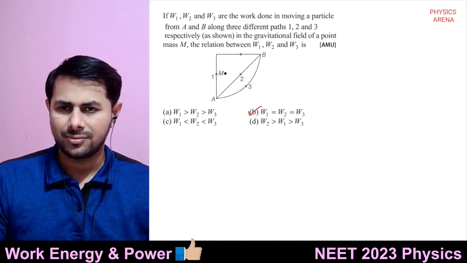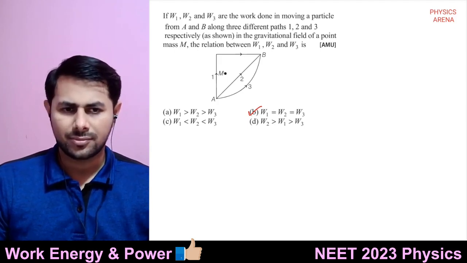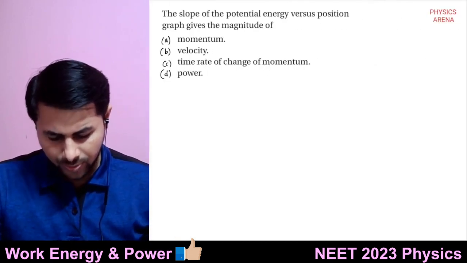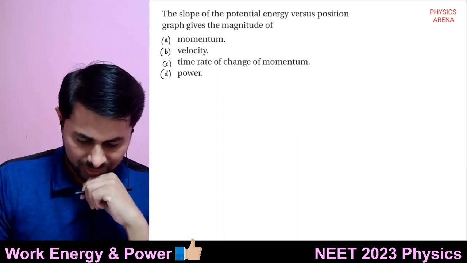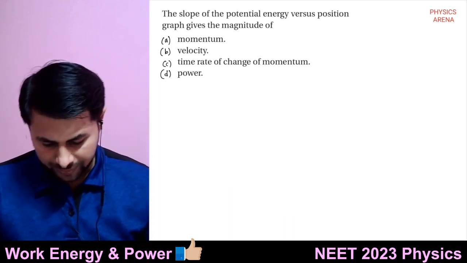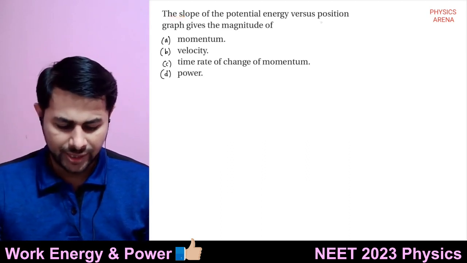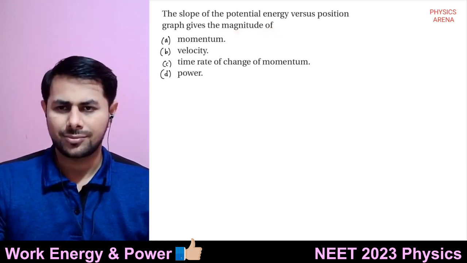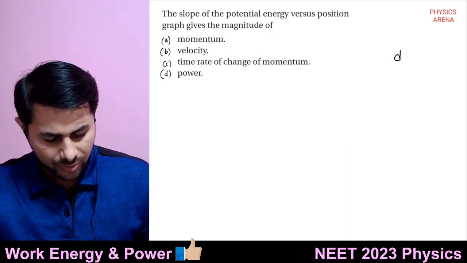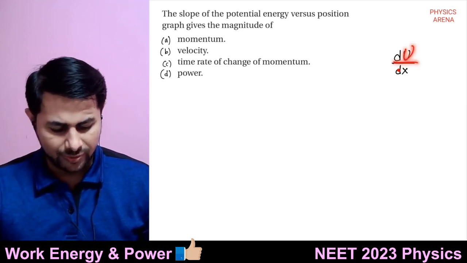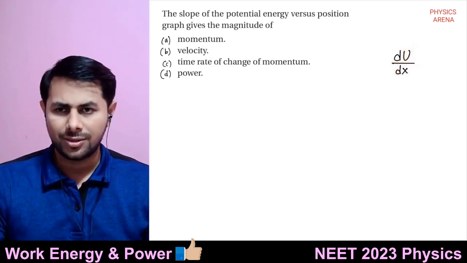Okay, good. Next question. The slope of potential energy versus position graph gives the magnitude of what? The slope is the derivative of potential energy with respect to position.